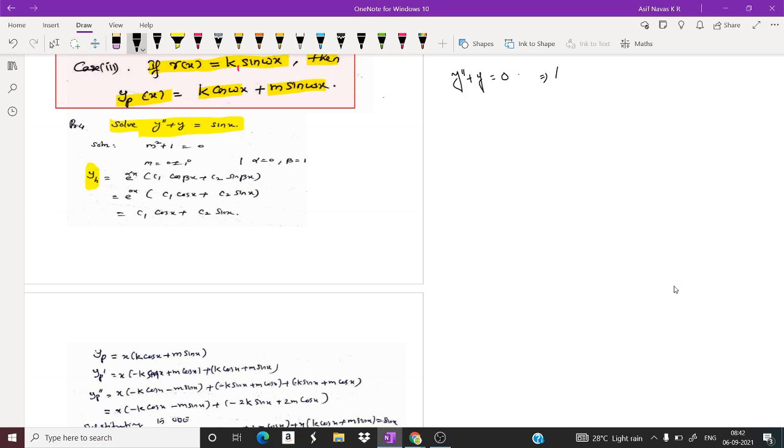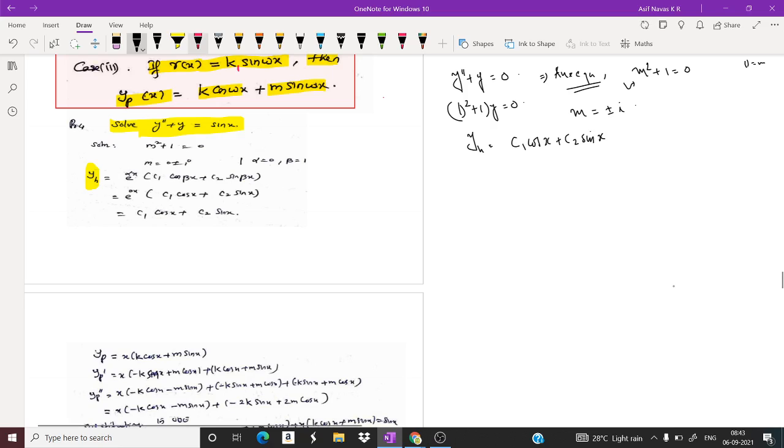Then the auxiliary equation is m square plus 1 equal to 0, that is, D square plus 1 equal to 0, and we replace D with m. So m equal to plus or minus i, and we get yh is equal to c1 cos x plus c2 sin x. Now there is a problem here.